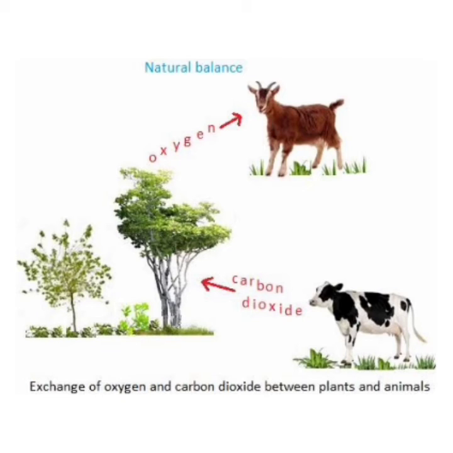How are plants and animals interdependent? Plants and animals are interdependent on each other for many reasons. Here, plants consume decayed or waste materials from the soil for their nourishment and are consumed by plant-eating animals for their survival.